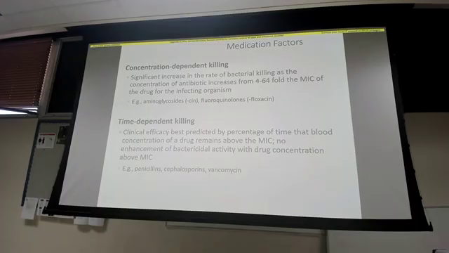Okay, when we're looking at concentration versus time-dependent killing, remember in our PK lecture, we talked about giving multiple doses until we got to steady state, where it continued to increase, right? This is trying to say, I found my MIC.